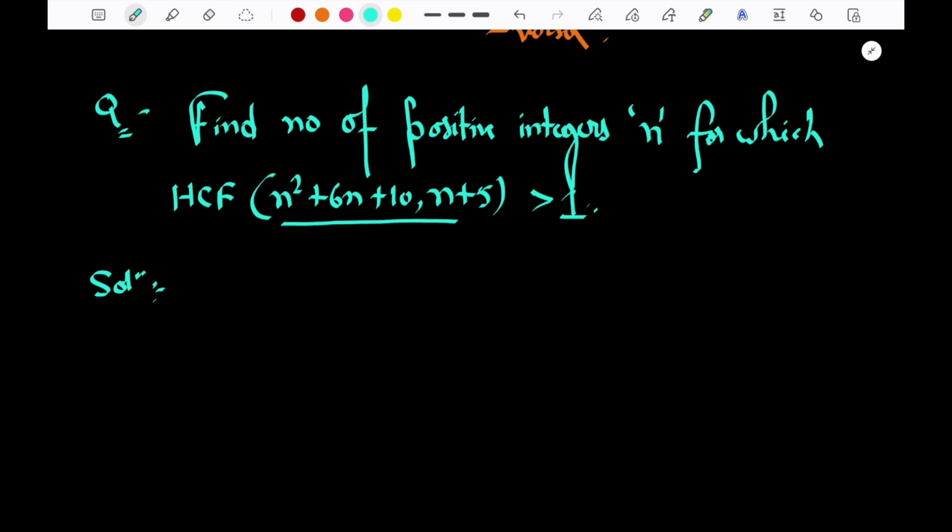Now how do we do it? Here we are required to use a property.